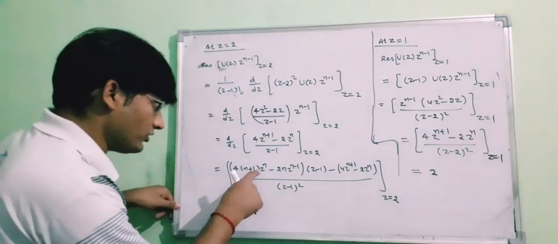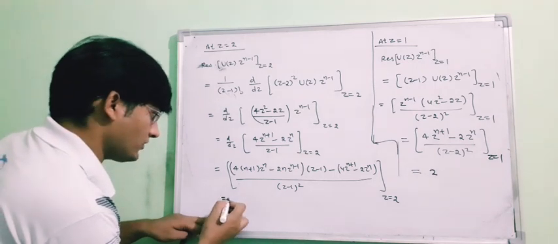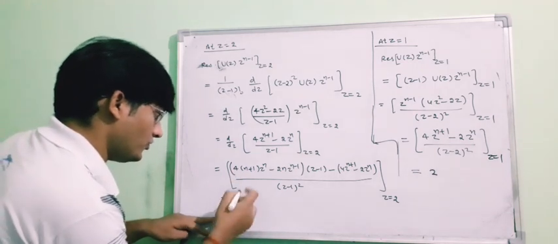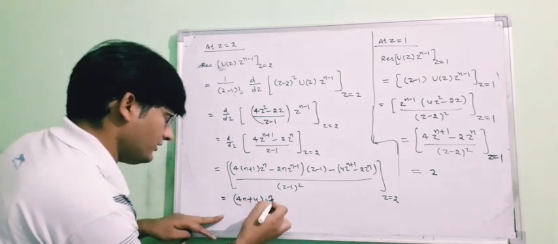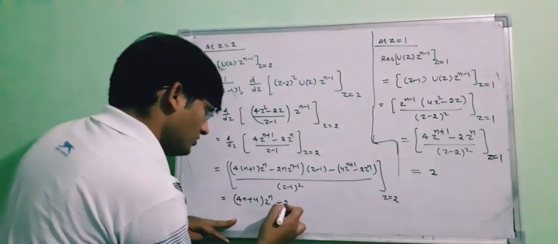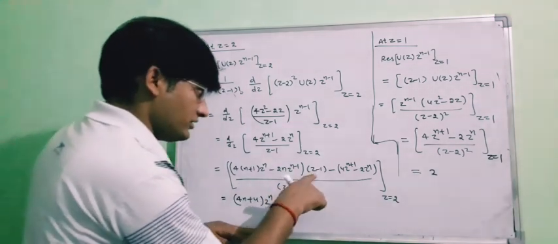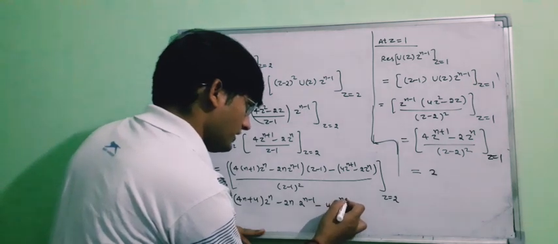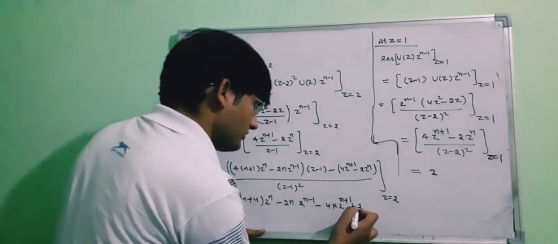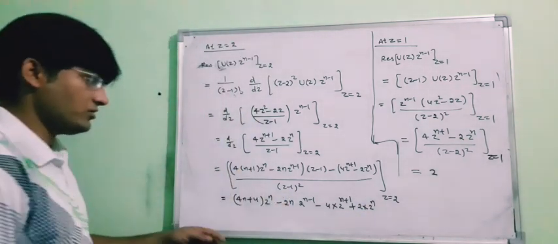So let us put z equal to 2. At z equal to 2, we will have 4(n plus 1) into 2 power n. Here we will have 2n into 2 power n minus 1. Z is 2, so this will be 1, minus (4 into 2 power n plus 1 minus 2 into 2 power n). And here we will have 2 minus 1, so that will be 1.